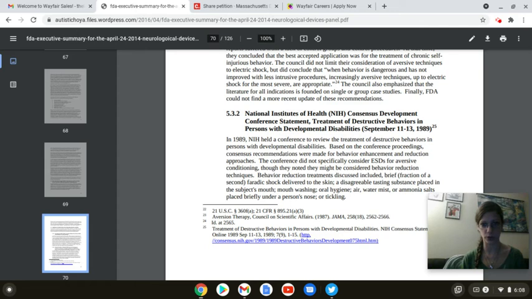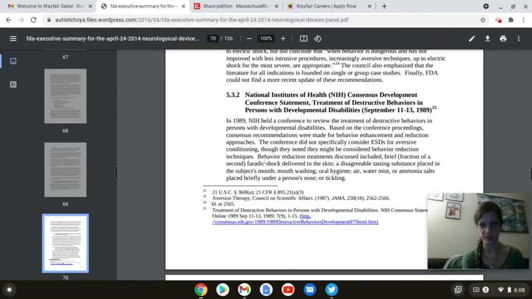Oh, that's a right quick and good way to get somebody to neglect the health of their teeth by making it a punishment. God, seriously? No common sense. Again, how do these people have degrees? Air, water mist, or ammonia salts placed briefly under a person's nose or tickling.